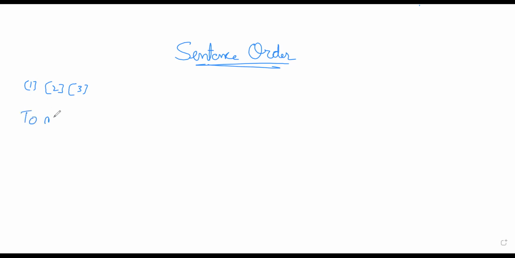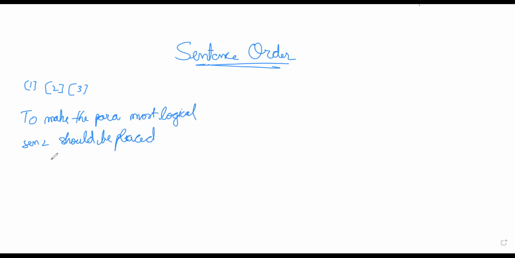It will be like, to make the paragraph most logical, sentence 2 should be placed. Okay, and then they'll mark A after sentence 3. Oh, sorry, A will be where it is now.